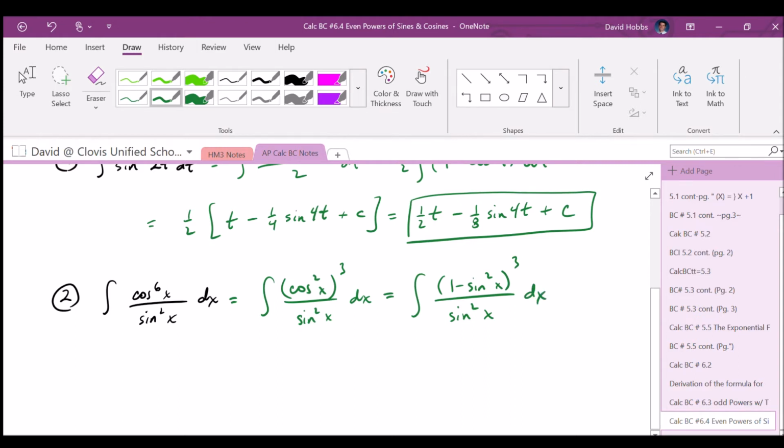Okay, now the sad news is that we actually have to multiply out the numerator. So now quantity cubed, remember quantity cubed means that you're multiplying it by itself 3 times.